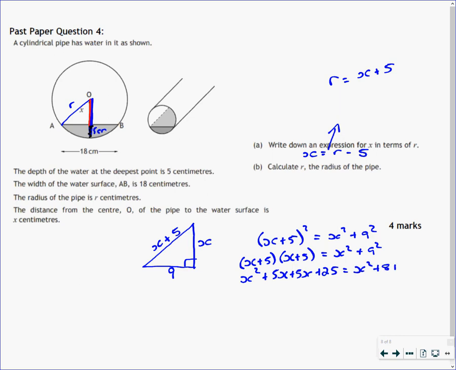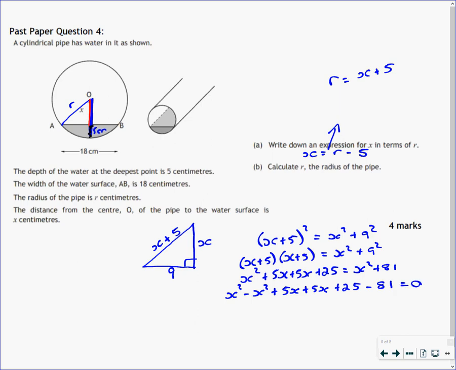Let's simplify it. So take things over and simplify. So we get X squared, take away X squared, plus 5X, plus 5X, plus 25, take away 81, equals 0.